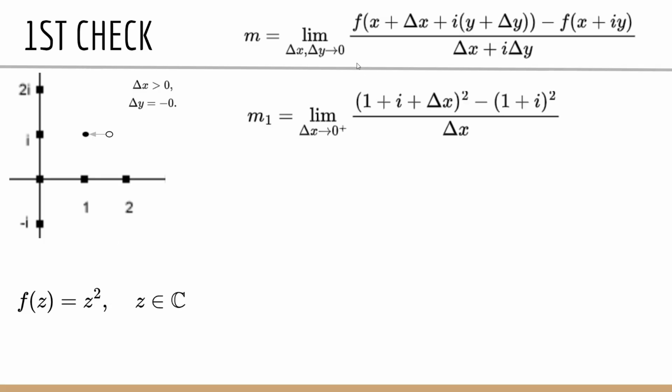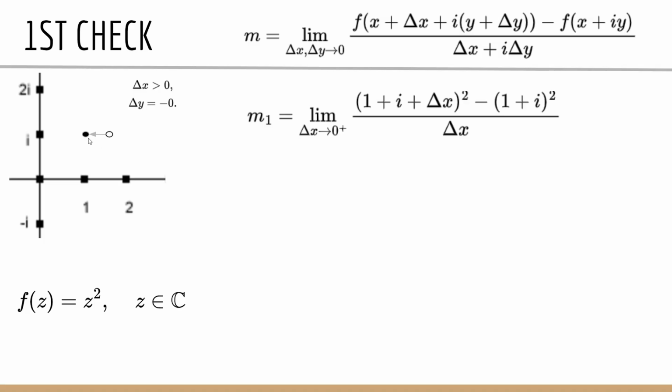Using our formula, delta x is greater than 0, delta y equals 0, and we're considering the derivative at the point z equals 1 plus i. So x is 1 and y is 1, because z equals x plus iy.